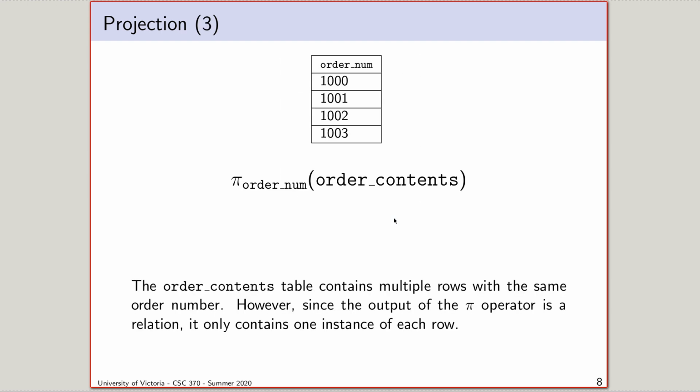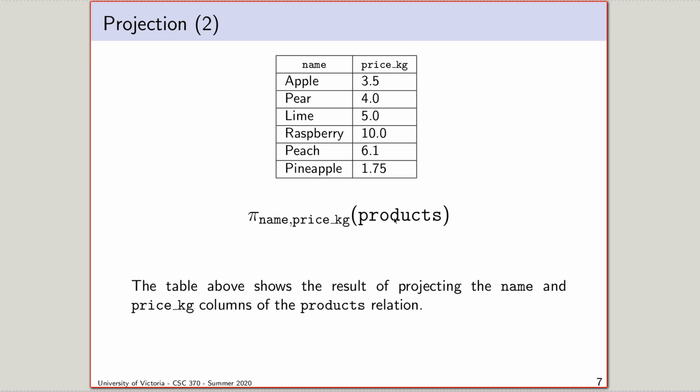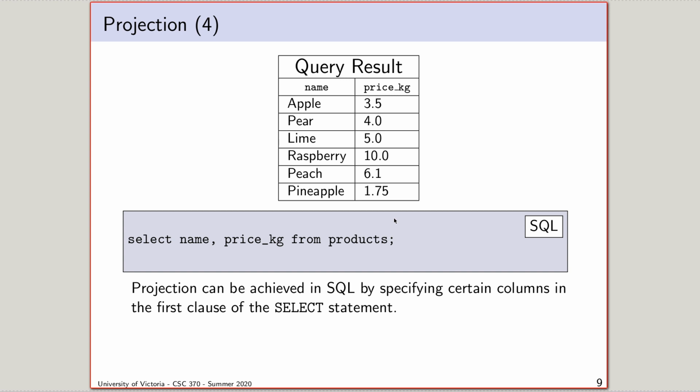Here's an example of achieving the same thing. So here is the projection from earlier, name and price per kilogram off of the products table. I can do that in SQL. You might notice it's not as obvious, like maybe you've seen SQL before. It doesn't seem like we need to give a name to this. We're not saying projection or pi anywhere. When I specify a list of columns in this first clause of my select statement, I am doing a projection.